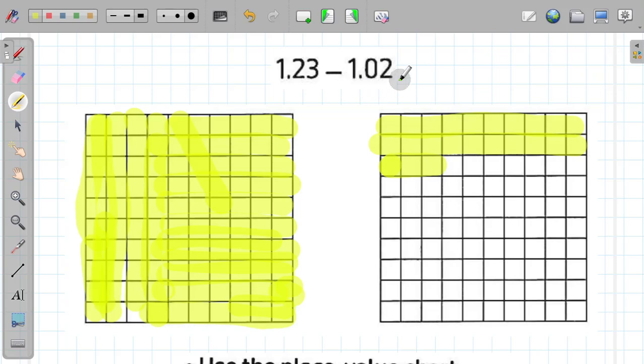Next, I will delete the parts that represent the second number. So I will delete just the whole one here. Okay, so all of this square, all of these parts will be deleted, will be subtracted, and I will subtract here 2 parts from the second one.